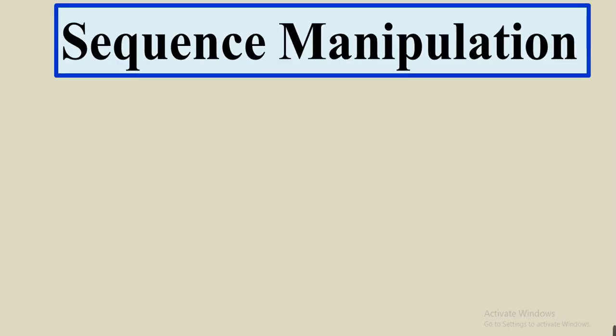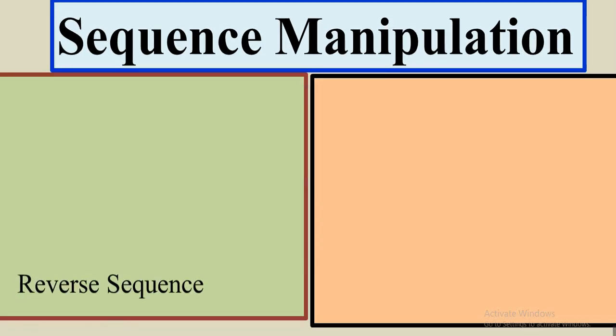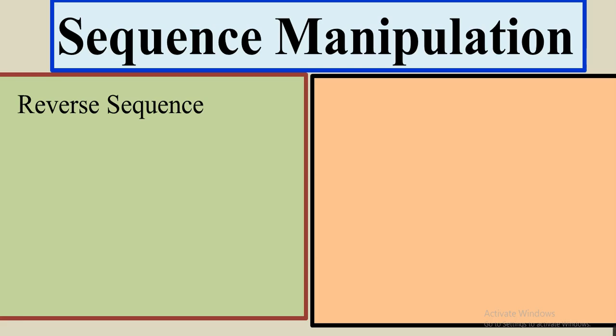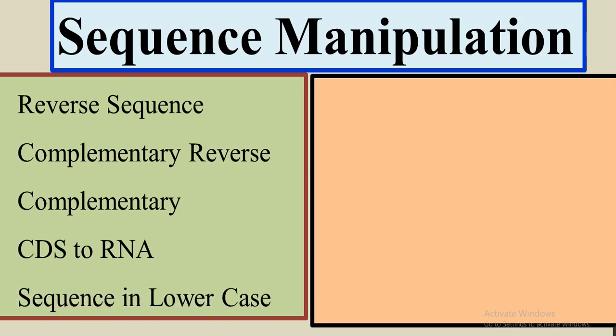Sequence manipulation. Sometimes we have our CDS sequence and we need its reverse sequence, or its complementary sequence or reverse complementary sequence, or we have to translate this CDS into RNA, or we need this sequence in lower case, or we need only the IDs.